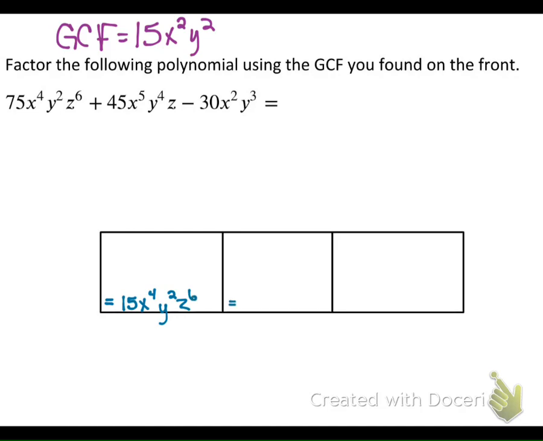What's the area of this second rectangle? 45x to the 5th, y to the 4th, z. And remember, we always put our area at the bottom of our area model. And what's the area of my final rectangle? What's the area of that final rectangle? Negative 30x squared, y to the 3rd.